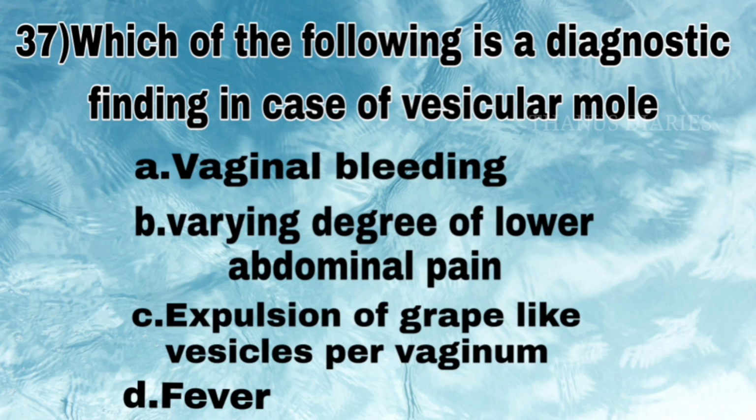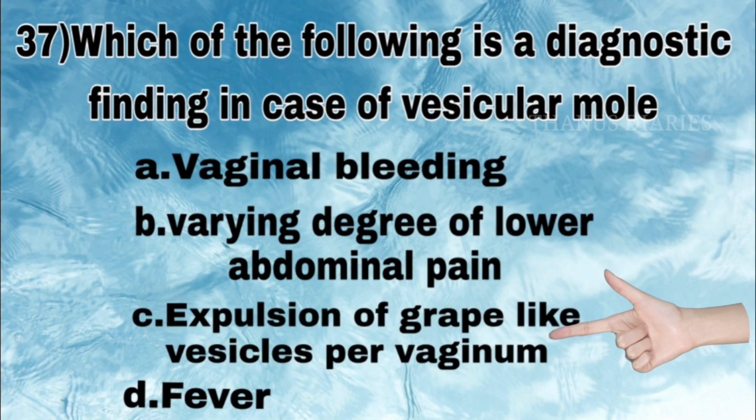Which of the following is a diagnostic finding in case of vesicular mole? Vaginal bleeding, varying degree of lower abdominal pain, expulsion of grape-like vesicles per vagina, fever. And the answer is expulsion of grape-like vesicles per vagina.